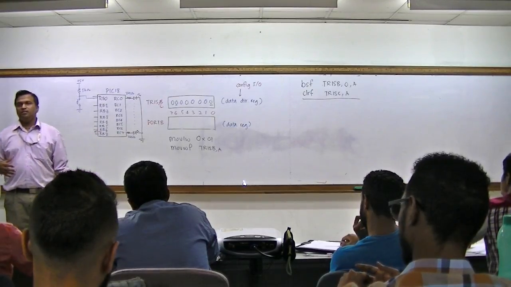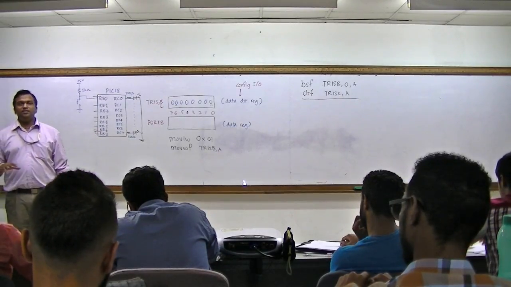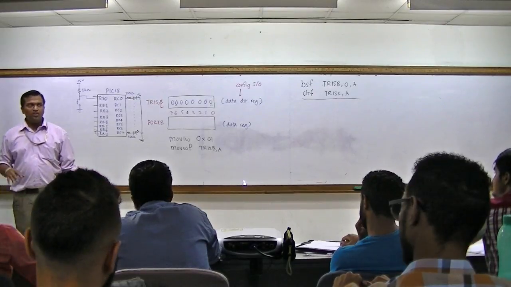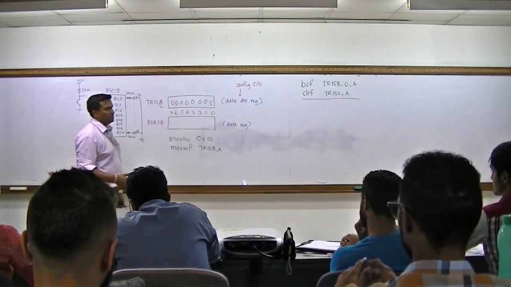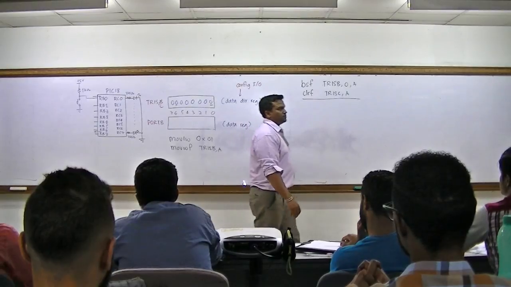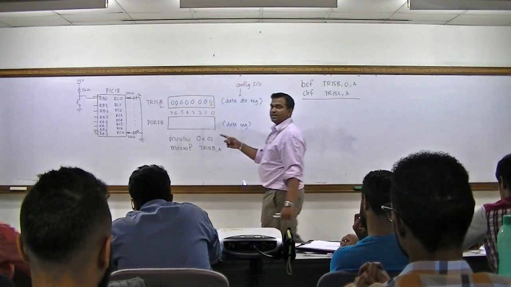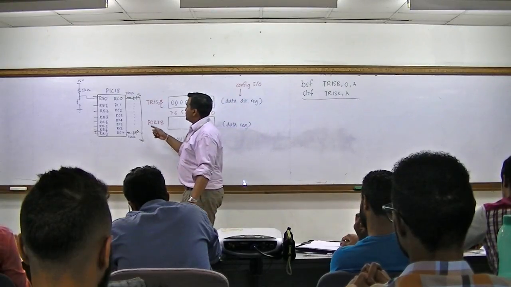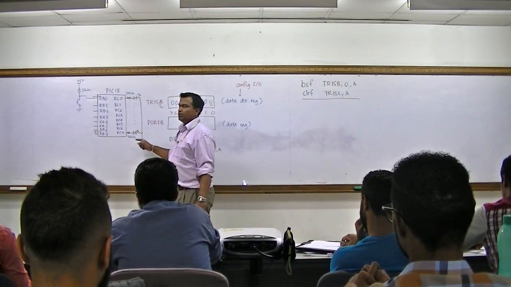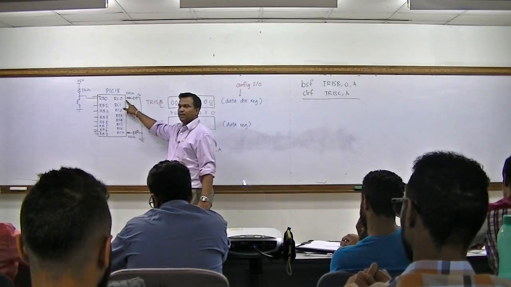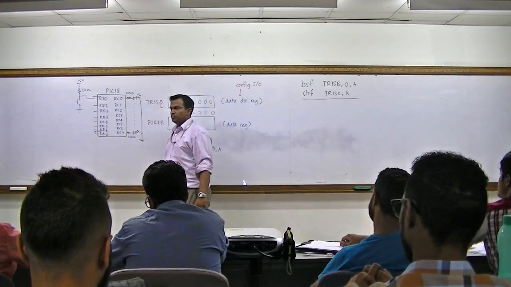But in this case, let's say we want to initialize it to become off. So what should we write to turn off port C? That depends on the configuration of the LED, right? In order for me to turn off the LED, what is the logic that I should provide at the pin? 0.